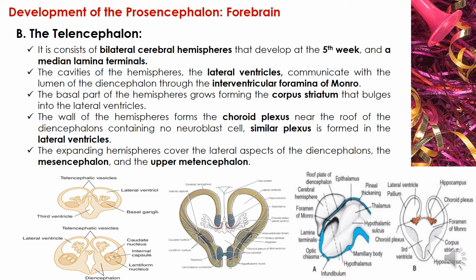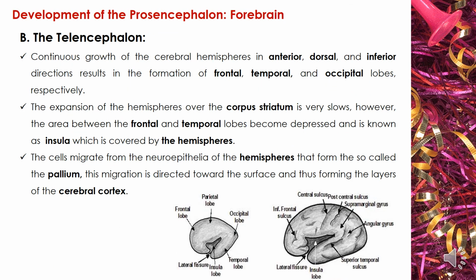The expanding hemisphere covers the lateral aspect of the diencephalon, mesencephalon, and the upper metencephalon. The continuous growth of the cerebral hemisphere in anterior, dorsal, and inferior directions results in the formation of the frontal, occipital, and temporal lobes, respectively.